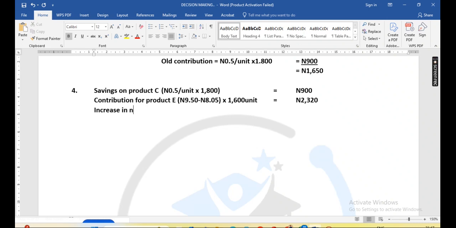Increase in net profits. As a result of introducing product E, you will have a contribution of this. When you discontinue product C, you have a savings of this. Savings means you have money. So what is the addition? 3,220 naira.